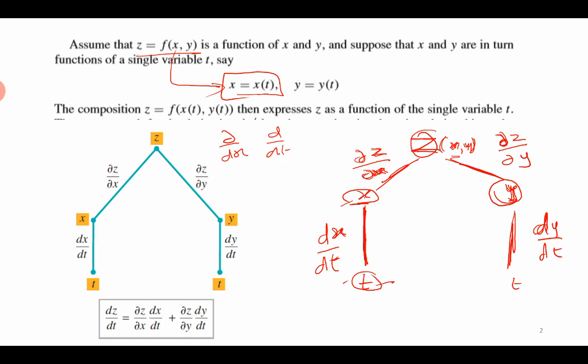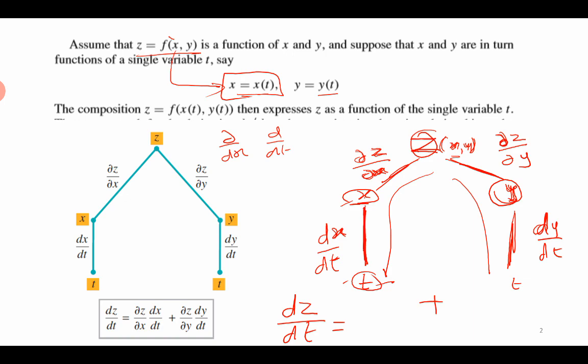Okay. Now multiply the elements in the first branch plus multiply the elements in the second branch. That gives the formula for differentiating z with respect to t. This is the total derivative now, dz by dt, because z becomes a function of only one variable when you substitute the values of x and y.